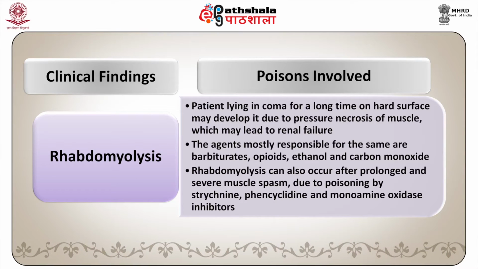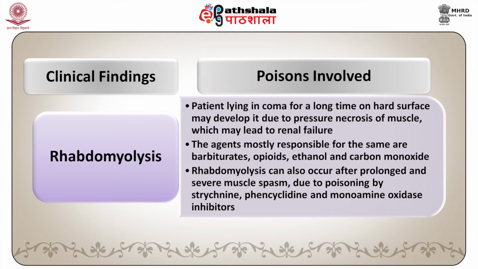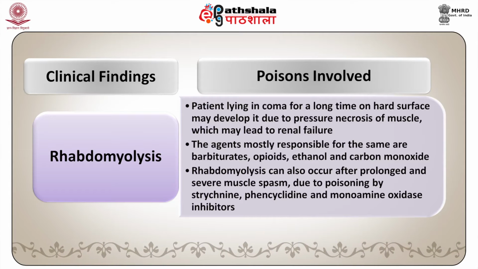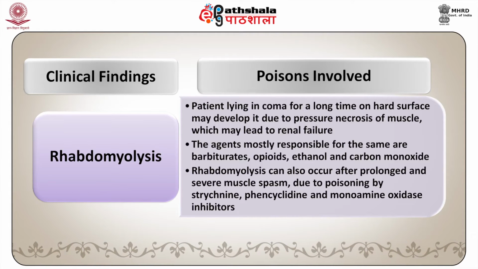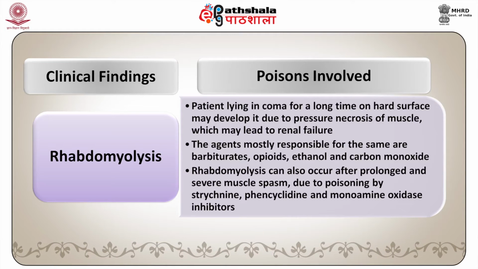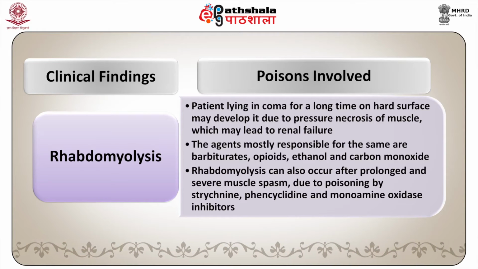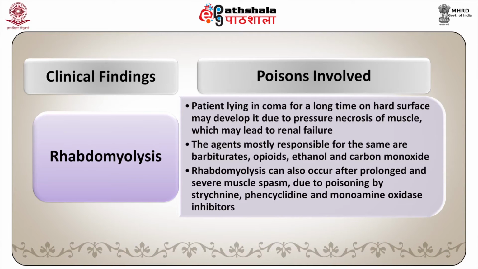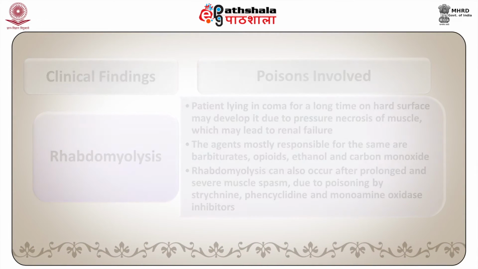The agents mostly responsible for the same are barbiturates, opioids, ethanol and carbon monoxide. Rhabdomyolysis can also occur after prolonged and severe muscle spasm due to poisoning by strychnine, phencyclidine and monoamine oxidase inhibitors.